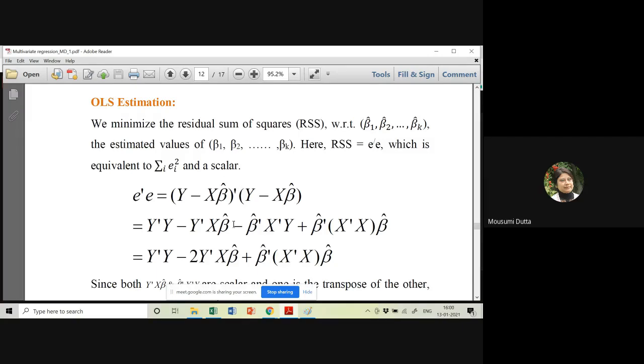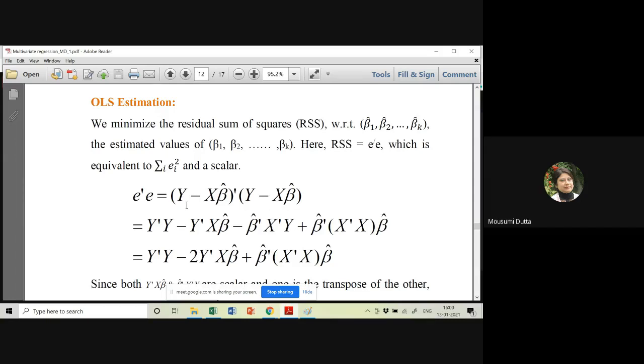So I hope you understood these terms. Next, I'm coming to the expression of e transpose e in terms of the parameters of the model, because I need to consider the minimization of this e prime e with respect to the parameters of the model. So I need to apply calculus on it, and therefore I need to bring the term beta hat here.